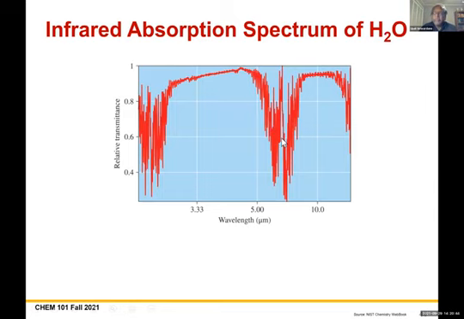Therefore, water is also a greenhouse gas. So are other greenhouse gases we're going to talk about. Water is not the problem because water has been here for ages. Water concentration is not increasing. It's a constant amount. But carbon dioxide is the problem that we're going to look into now.